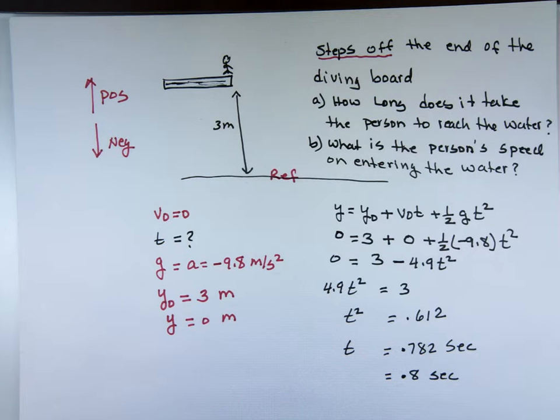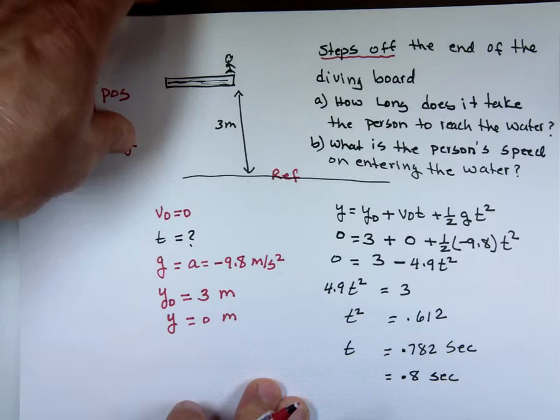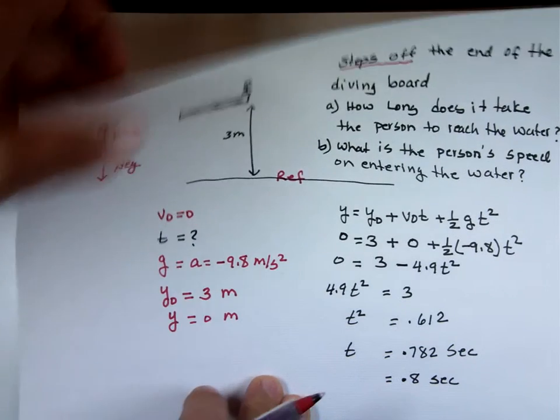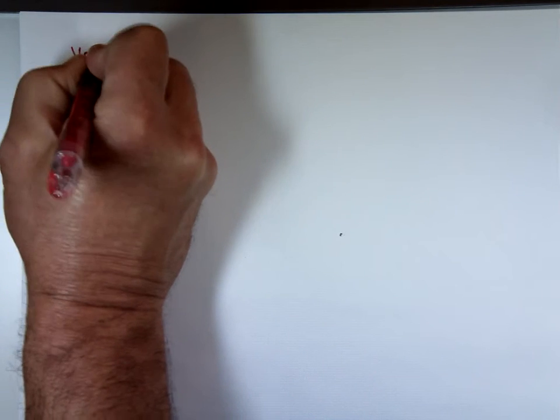The next question is, what's the person's speed? How fast was he going when he hit the water? So again, let's list what we know. We know the time if we need it. We know the initial speed again is 0.